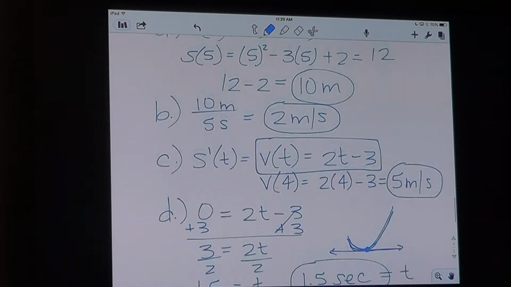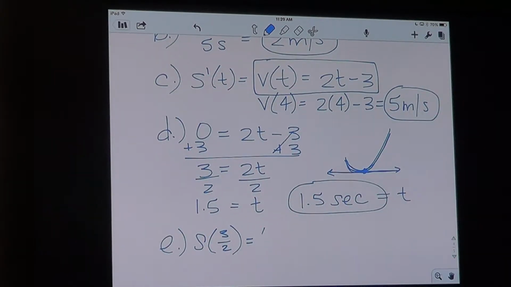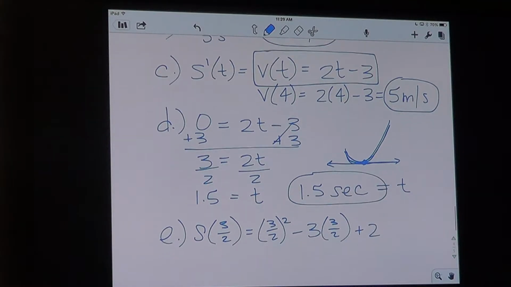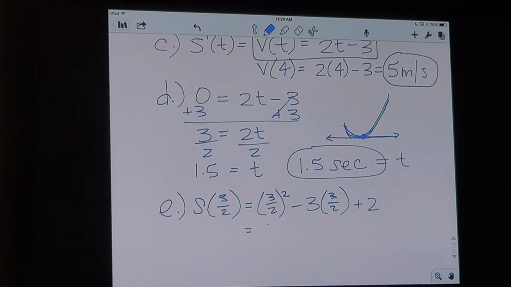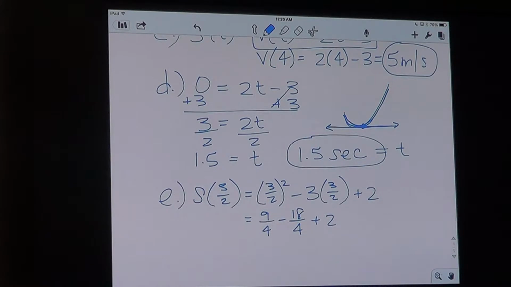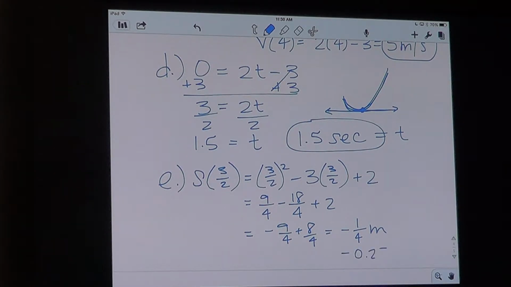S was t squared minus 3t plus 2. What'd you guys get?